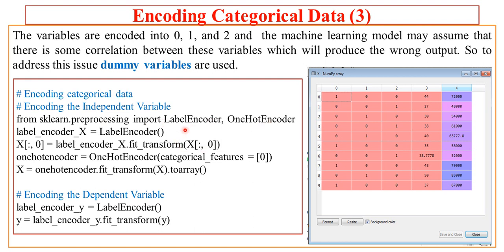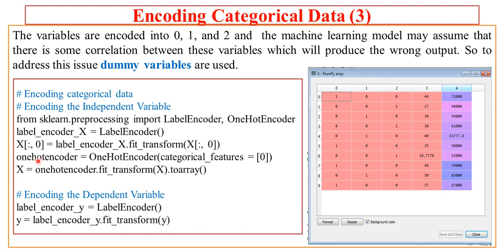So our label encoder, as we have discussed, will be converting our string, categorical data into numerical data. But the data converted by the label encoder, in terms of a range of values 0, 1, 2, creates the confusion. Up to this step we have already seen how it performs the transformation. But to remove the confusion of any correlation of these values like 0, 1, 2, we use the one-hot encoder.